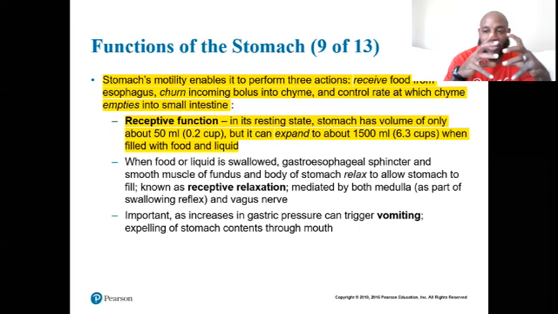So the stomach can only get so big, and then obviously if you kept trying to push stuff into it, your body would eventually regurgitate it back up. And so it allows your stomach to relax, allows it to fill up, but it's controlled by the medulla and the vagus nerve so that it doesn't get too full so you don't throw up.